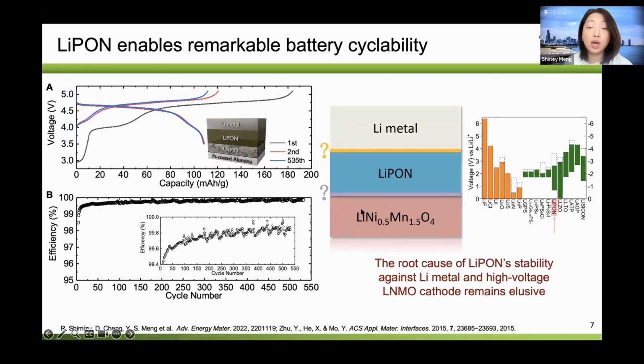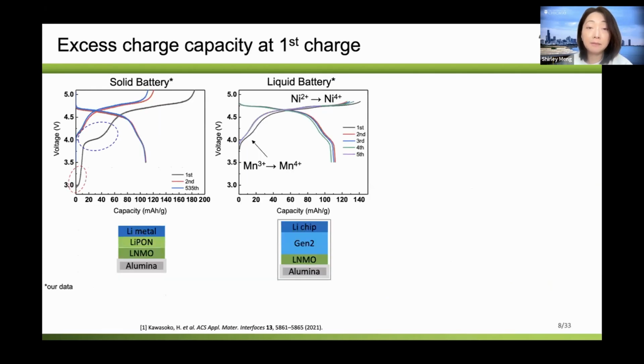So today we're hopefully going to use neutron techniques to peek into the interfaces more closely. Performance-wise, we can see these cells can cycle forever without capacity degradation. It's really one of the few 5-volt batteries against lithium metal that showed outstanding cycling stability.